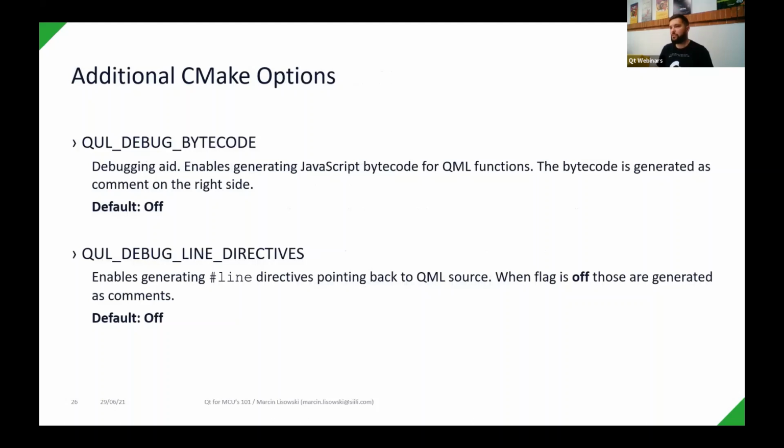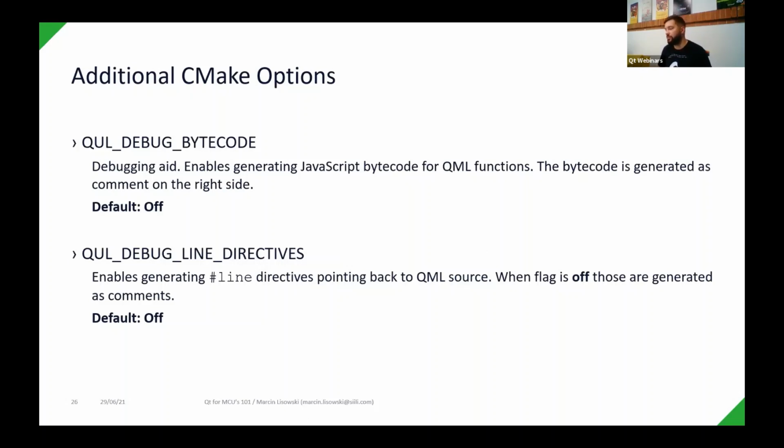There are some additional CMake options for debugging, so you can enable bytecode debugging by enabling the QL debug bytecode. It will generate the JavaScript bytecode for the QML functions as a comment to the right side of the code. Also, there is QL debug line directives, and if you enable that one, it will generate the line directives, which will point back to the QML source.